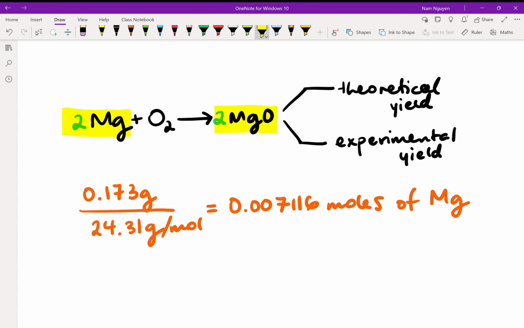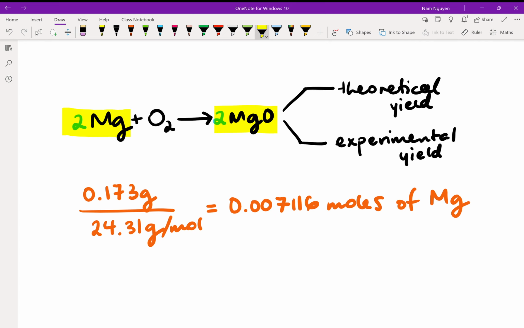So, if I've just calculated how many moles of magnesium I had, if I fully combusted it and everything went according to plan in a perfect world, then theoretically I should produce an equal number of moles of magnesium oxide because it's a 1-to-1 ratio.